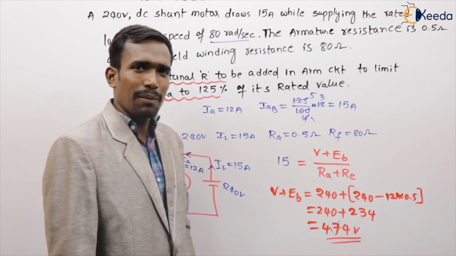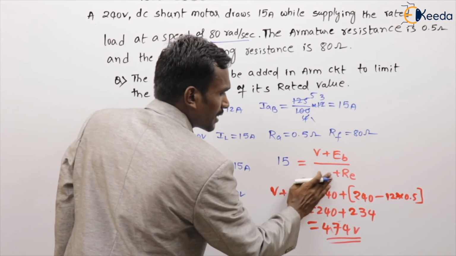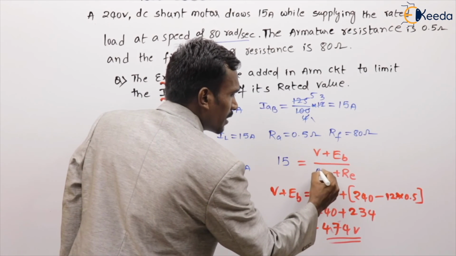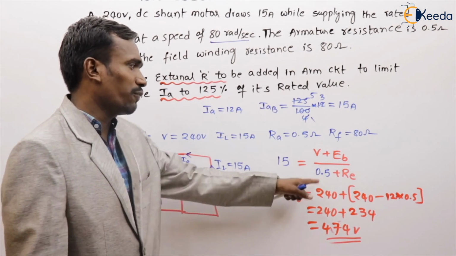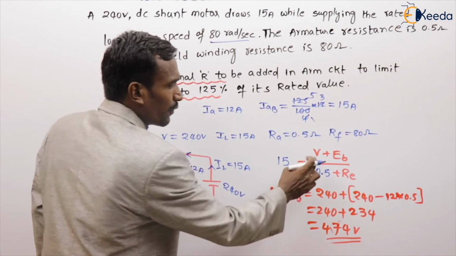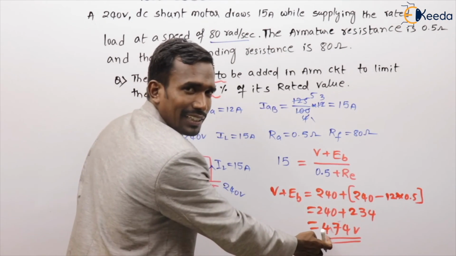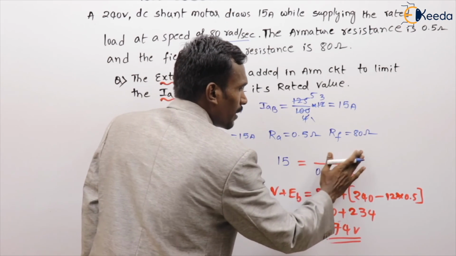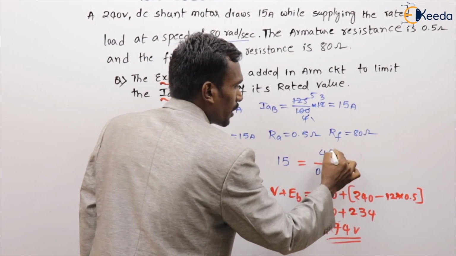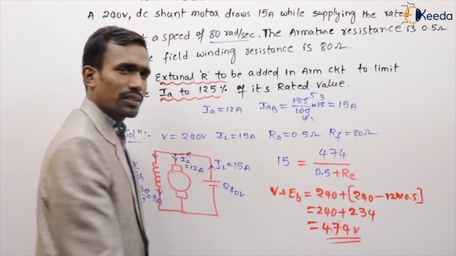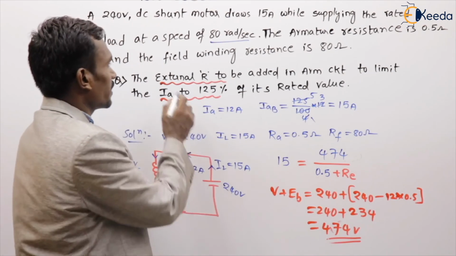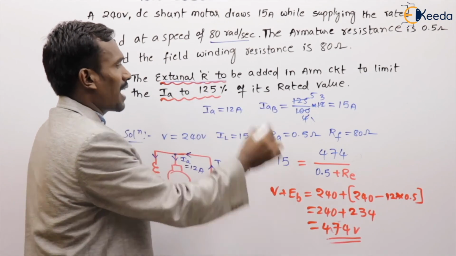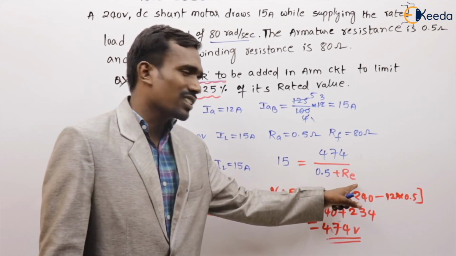This IAB is 15 amperes, and this armature resistance we already know is 0.5 ohms. And V plus EB we calculated already as 474 volts. Then we want the extra resistance, the external resistance added.